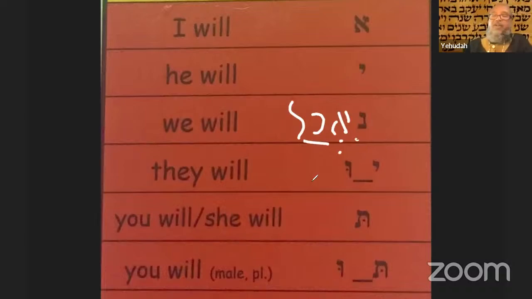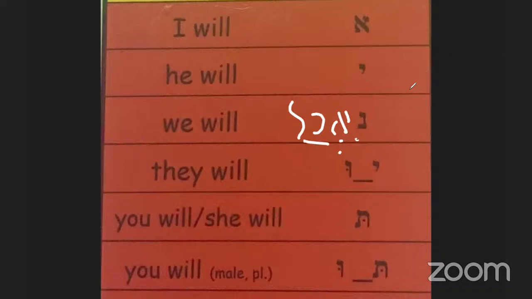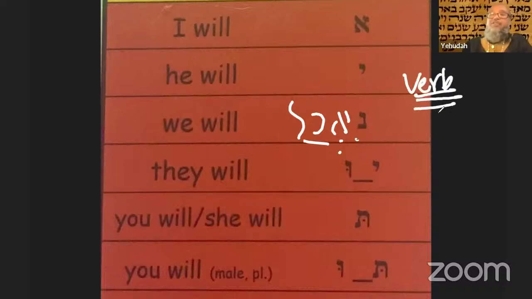Got a question for you. Would you put one of these letters on a noun, or would you put it on a verb? A verb. You can't do this to a noun. You can only do an action. You doing something is an action, and an action is a verb.